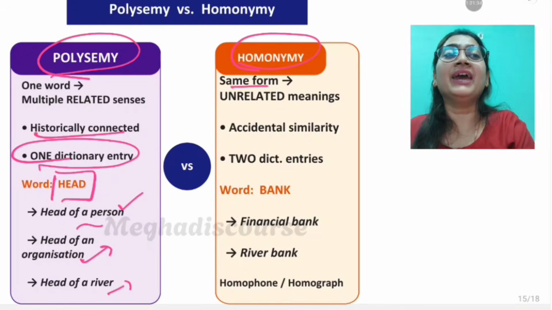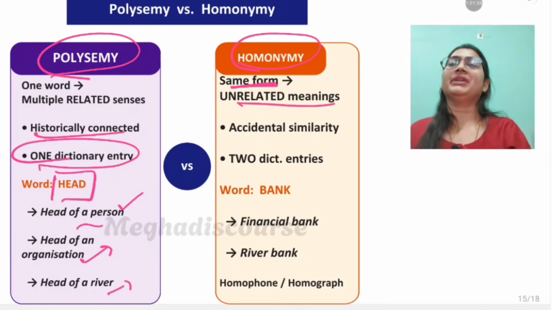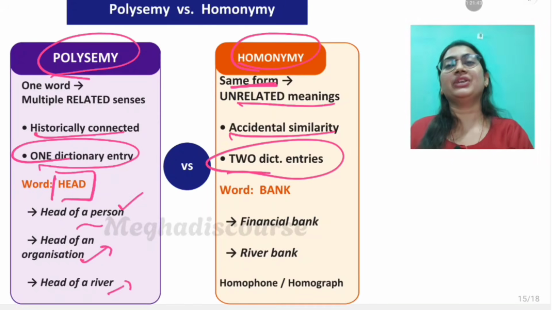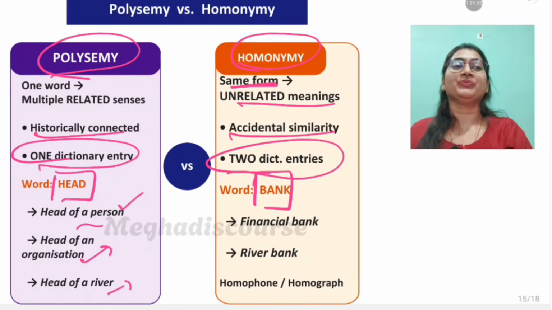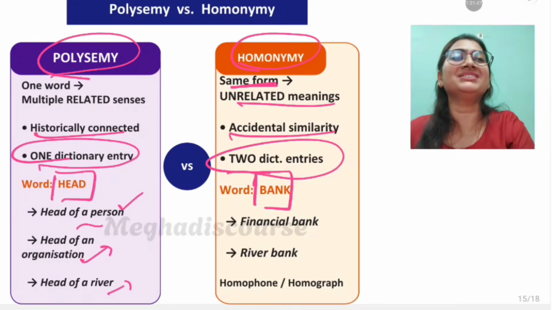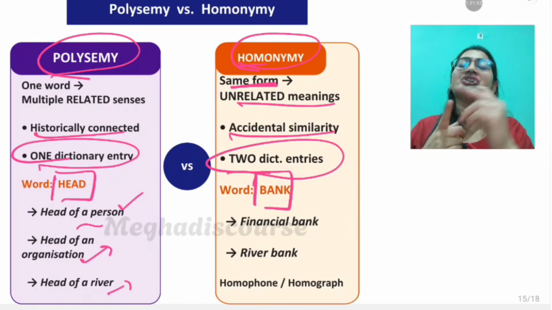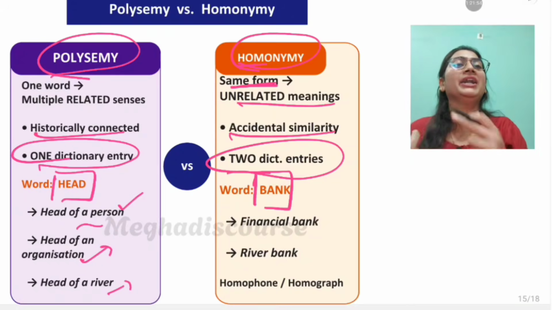Homonymy means they have the same form, but unrelated meanings. The meanings should not be the same. It is accidental similarity, with two dictionary entries, like bank. The word is the same, homo means same, the spelling is the same, but the meaning is different. First is a financial bank, like SBI, IDBI.